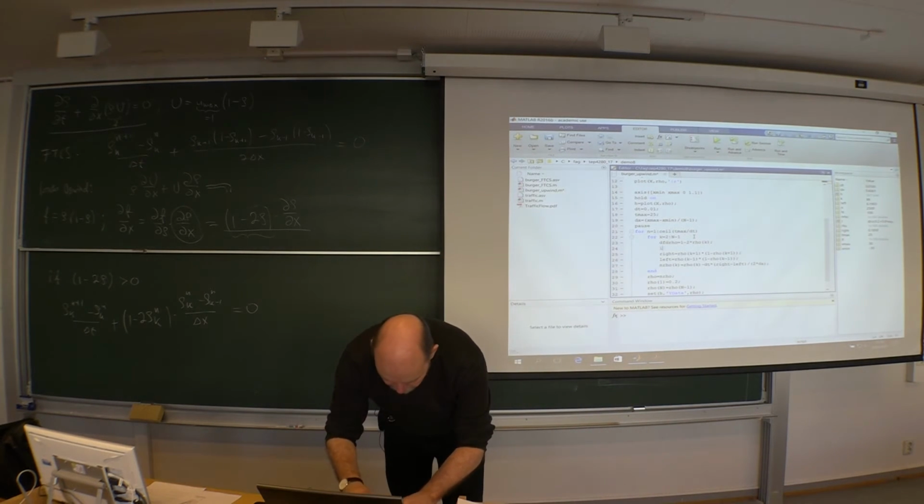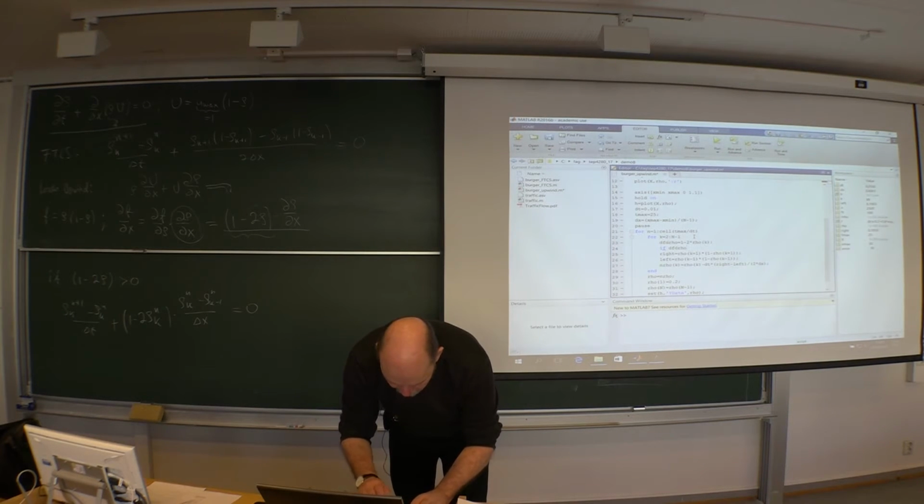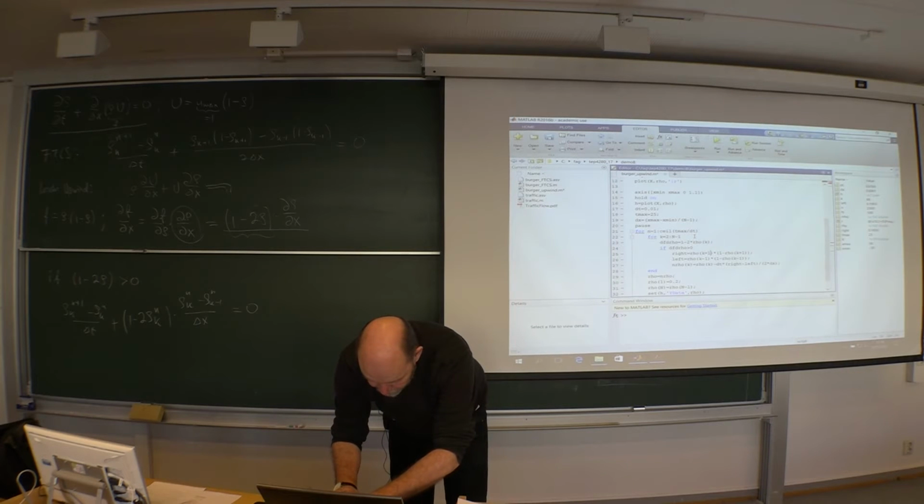So if this one is positive, the rho is positive, then, well, we can actually use the same notation, can't we? Then the right one will only be k. Like that.